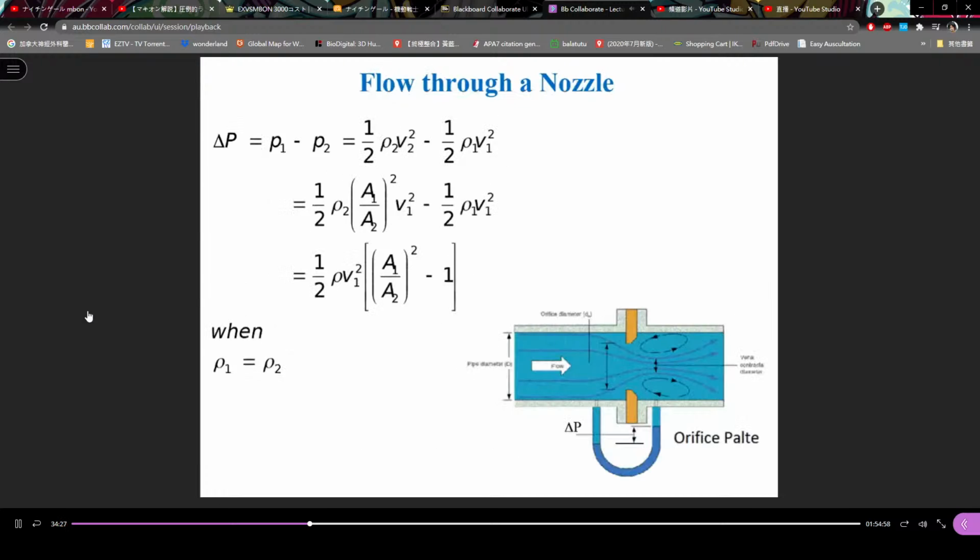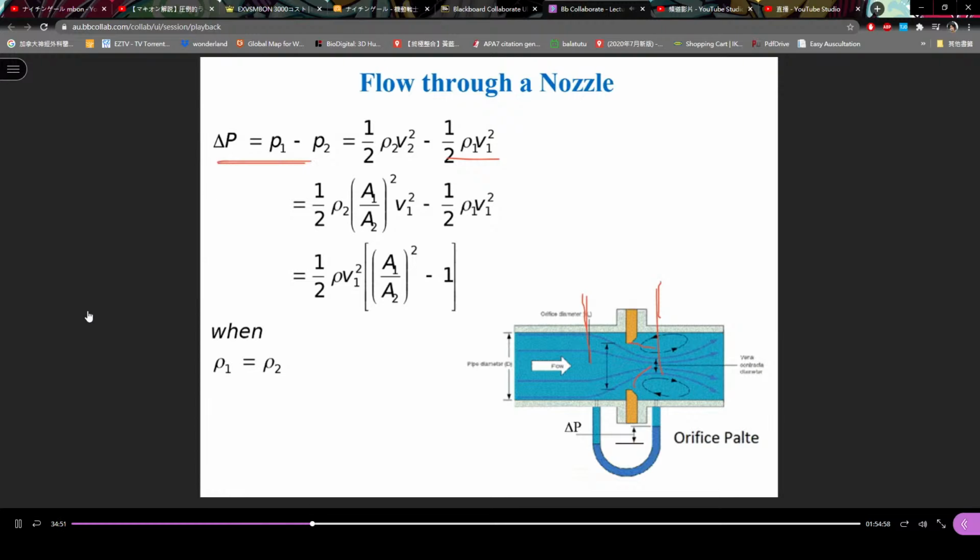That's why we have this equation. The pressure difference between these two points must be equal to the kinetic energy at this point minus the kinetic energy at this point. So that we can use the two velocities to represent pressure difference.